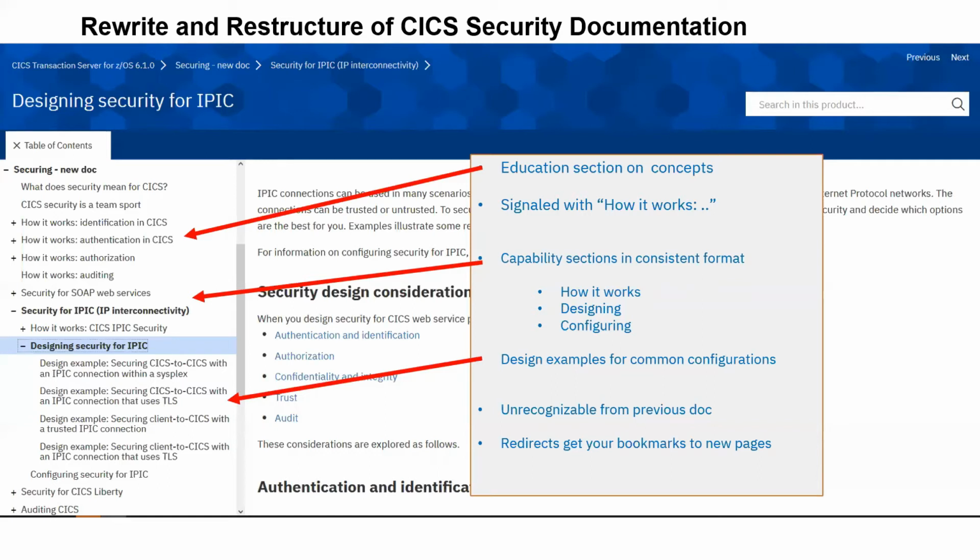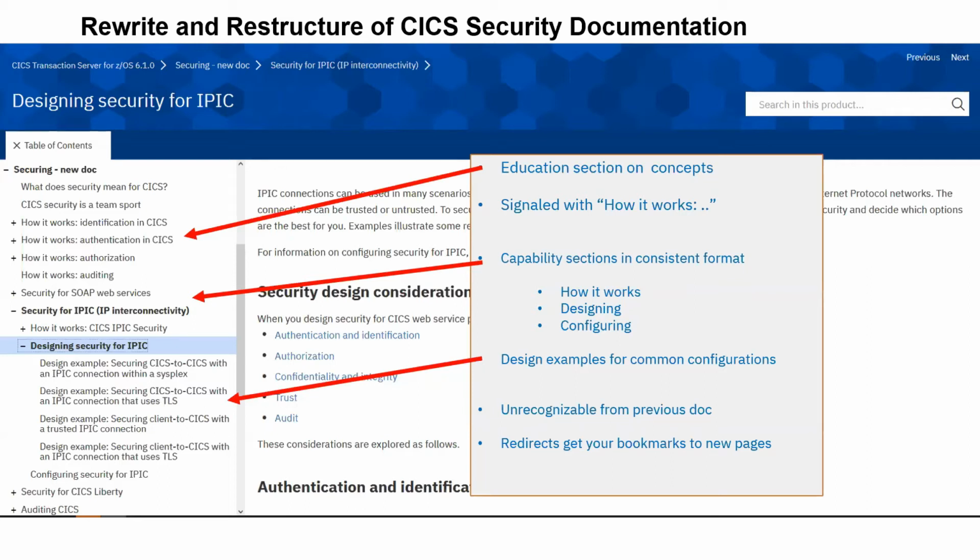What we've got is a whole series of sections, which are education sections about the concepts in CICS security. And that on the top left is not quite up to date. Just before the open beta was released, I added a section on how it works, confidentiality and integrity.